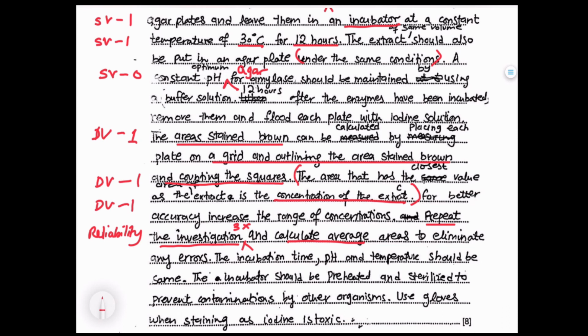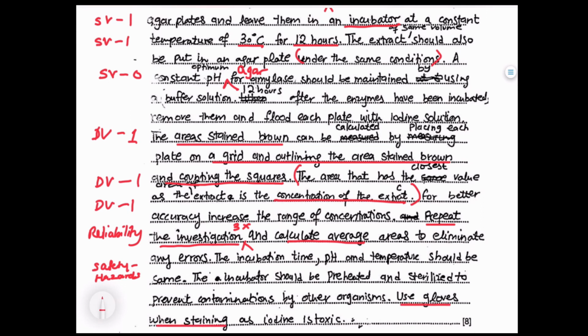And the next marking point will be safety and hazard. This student did not mention about control experiment, but at least there's still safety and hazard. So the student proposed to use glove when staining.